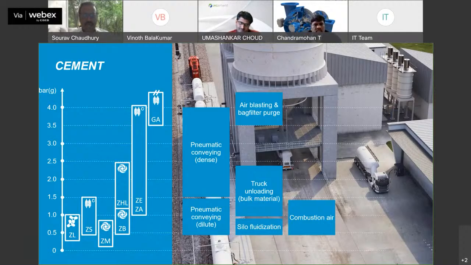We have various applications like pneumatic conveying, unloading from the bulkers, combustion air, and fluidization of silos. Be it a grinding unit or an integrated plant, there is a substantial requirement of compressors, and they play a very critical role. We'll take up some of the critical applications, and discuss the present situation and how we can improve in future.